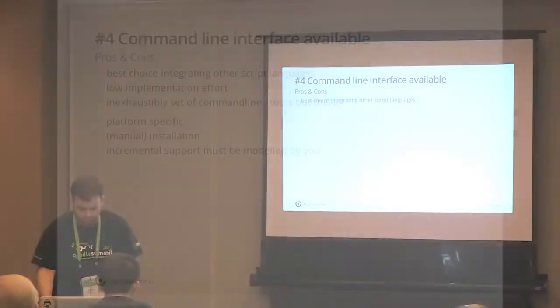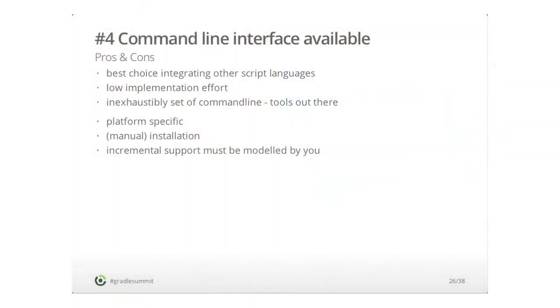There are obviously, again, some pros and cons. I think using the exec task and things like task rules is the best choice for integrating with other script languages. If you have some Python stuff or so, usually they're just easy to run from the command line.